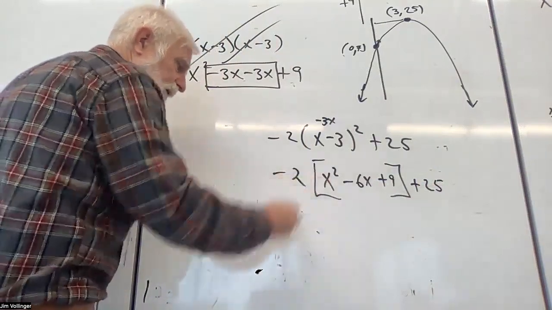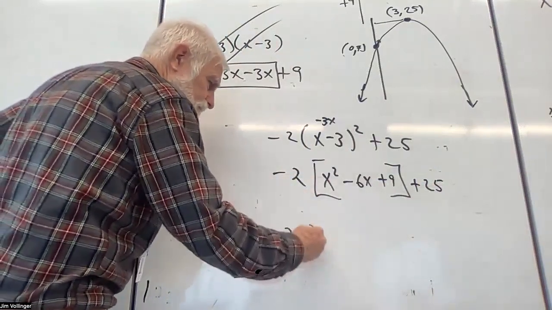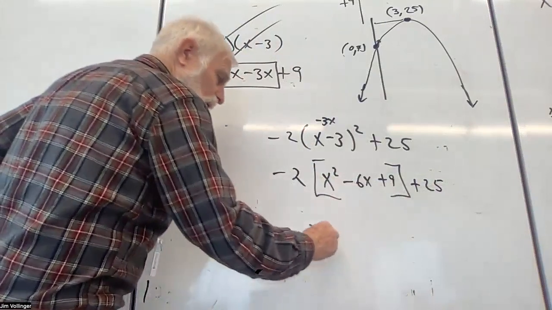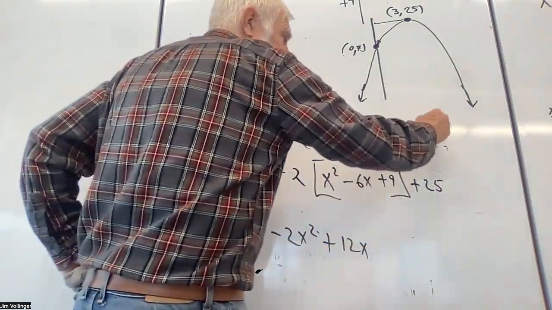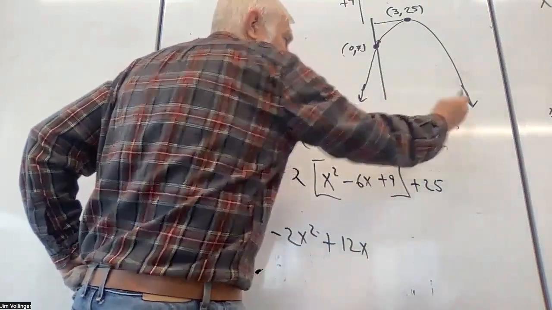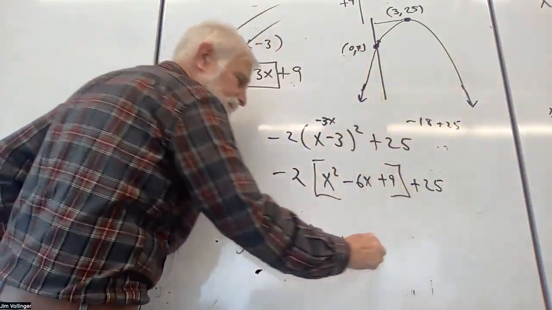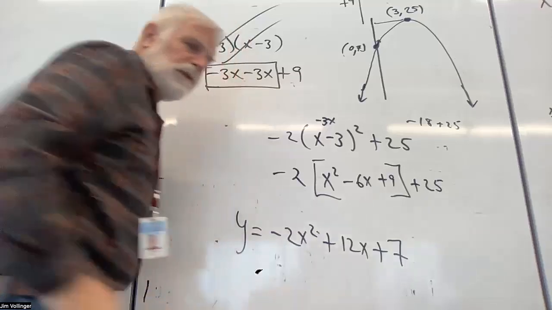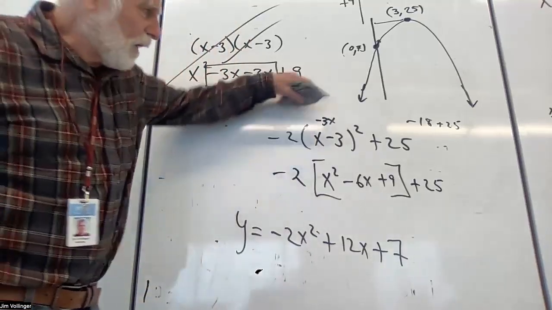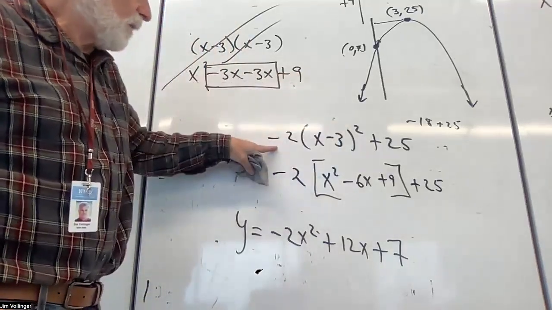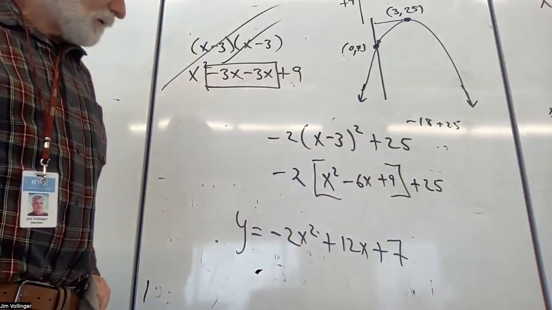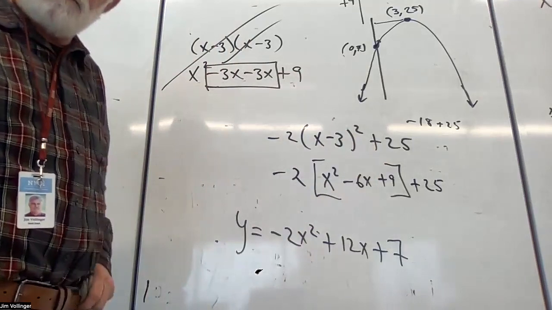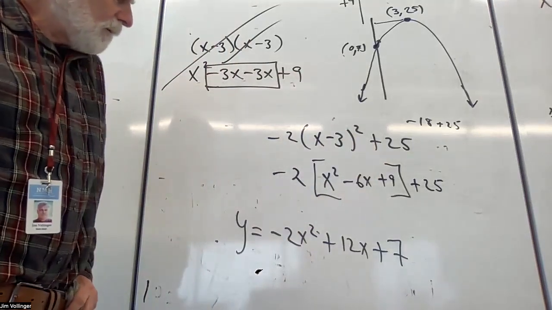We get y equals -2x squared plus 12x minus 18 plus 25, which happens to be 7. I want you to learn how to square this binomial, multiply it by -2, and add 25. That'll be on your test. And there we go, right back to the beginning, right where we were.